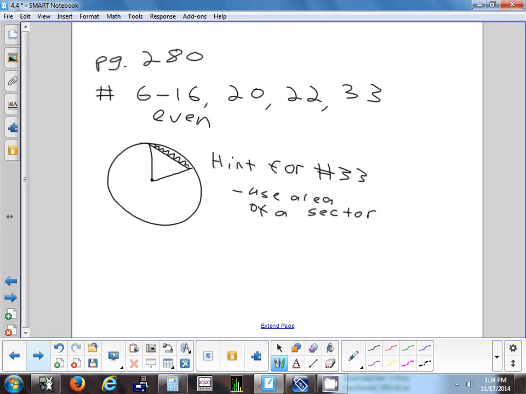And a hint for number 33, when you read it, they want the area of this small region right here. Well, if you can find the area of a sector, that will help you. Okay, area of a sector, that's a formula we learned the first week. Arc length and area of a sector. Okay, so you'll need that.